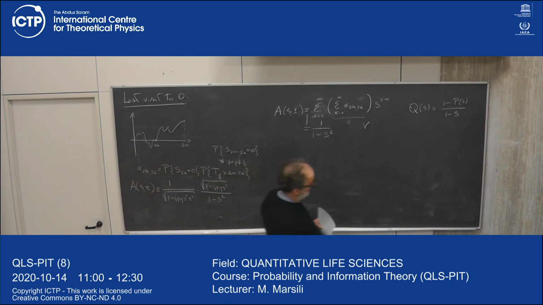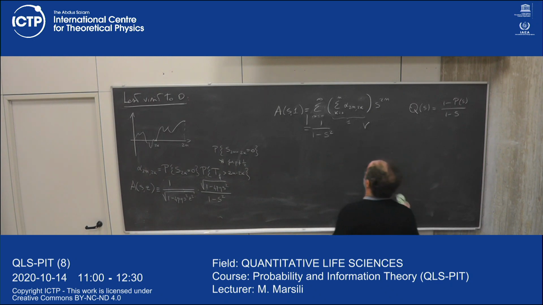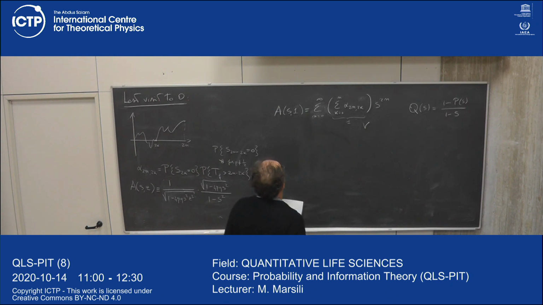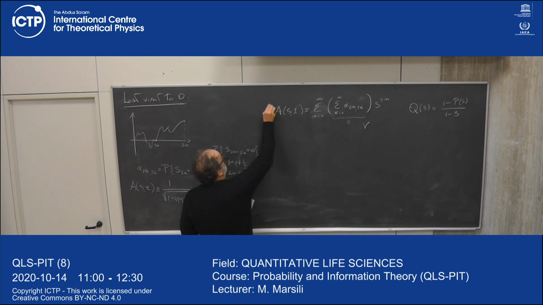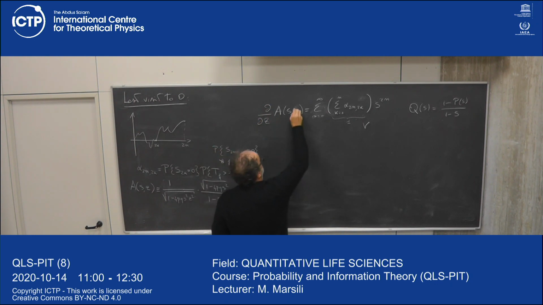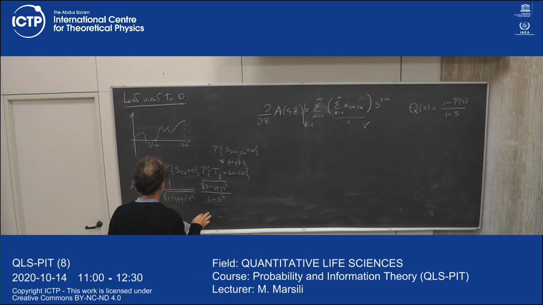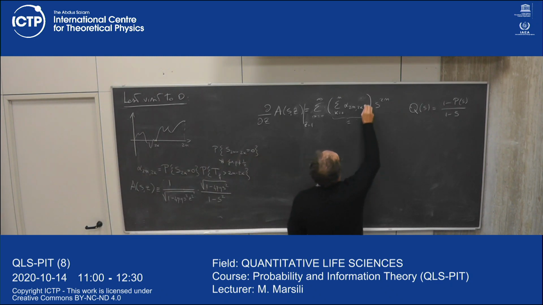Now, what happens if I compute the partial derivative of this with respect to z, and set z equal to 1? Then I get a 2k here.